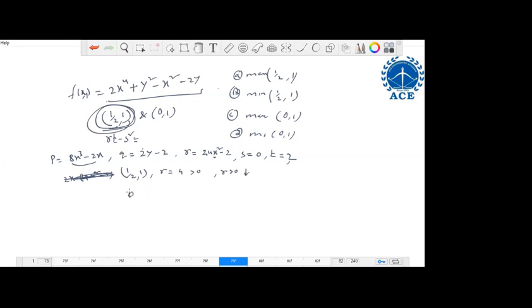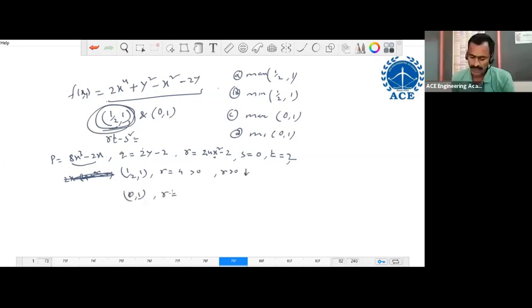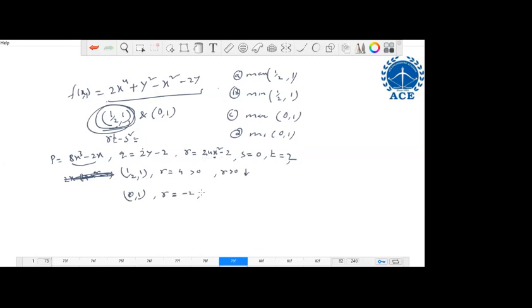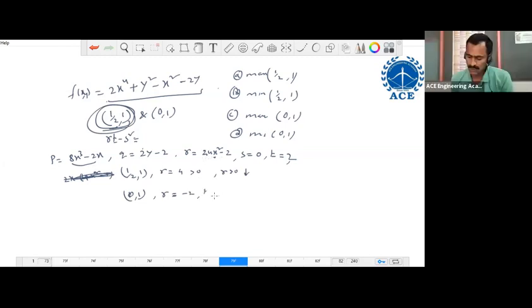Next is 0 comma 1. R equal to, x equal to 0, minus 2. So RT minus S square is minus 2 into 2 minus 0 square, that is minus 4, which is less than 0.